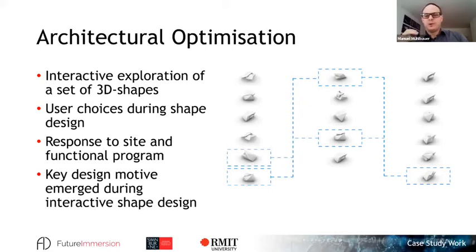Then, responding also to the functional program, those considerations were important in getting this aesthetic expression of the intersecting crystals in the right proportions. And also the key design motive emerged during this interactive shape design.